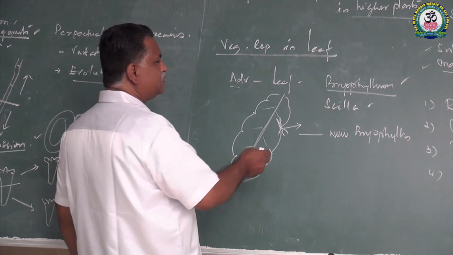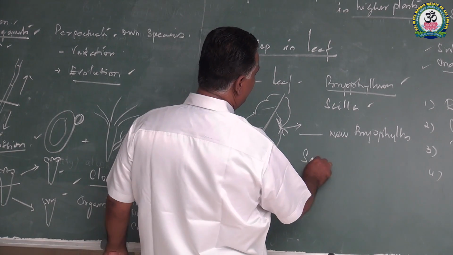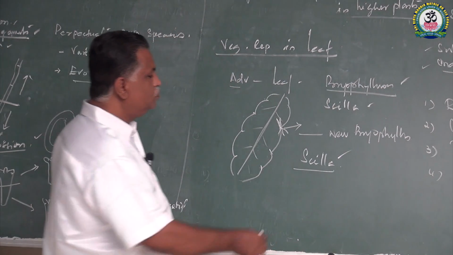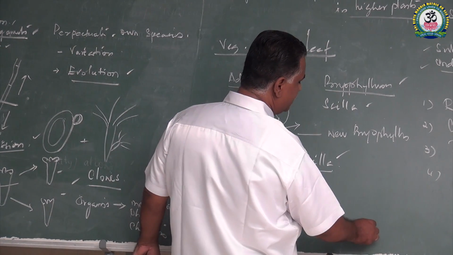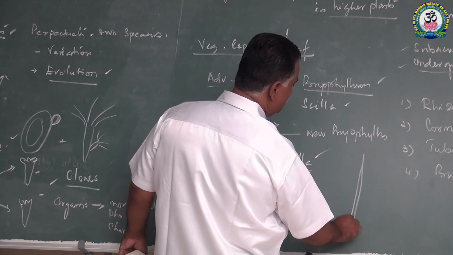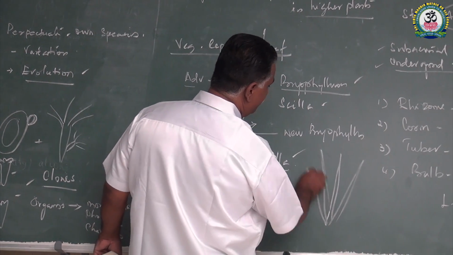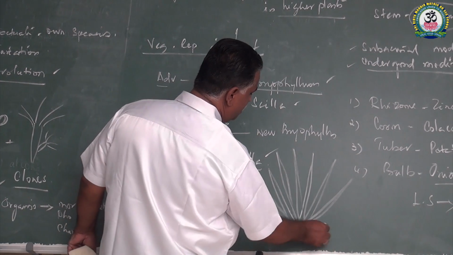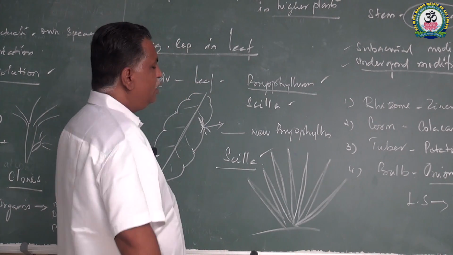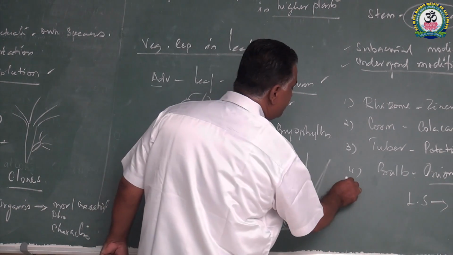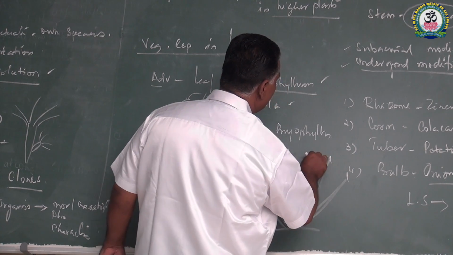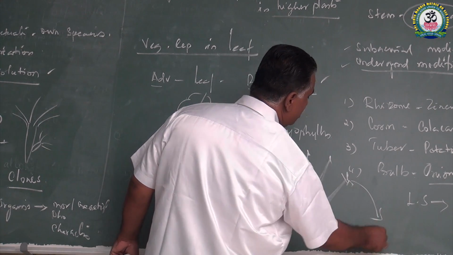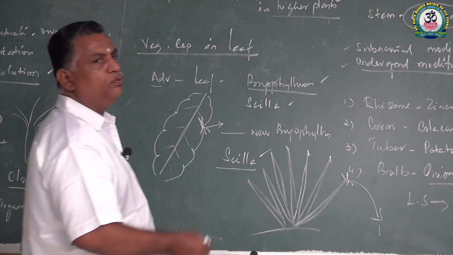And there is another special plant called Scilla. It is a bulbous plant growing in sandy places, whose leaves are long, elongated, cylindrical leaves like this, at the tip of which they produce certain vegetative buds, which when detached, fall on the ground and grow into new plants.